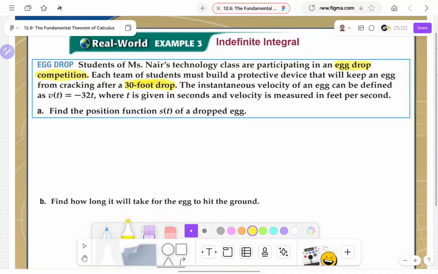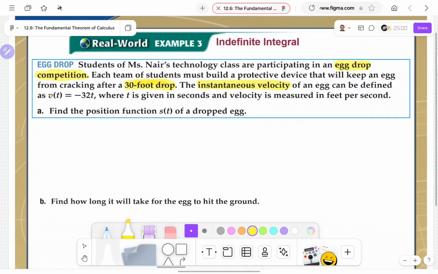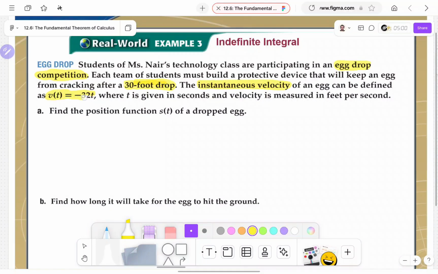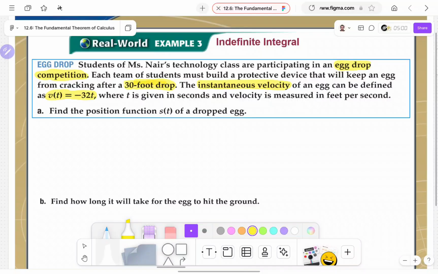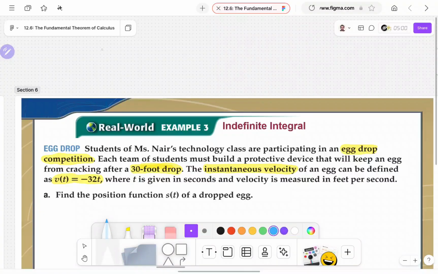Now, the instantaneous velocity, don't forget this word, the instantaneous velocity is very important, of an egg can be defined by this equation. Do you remember what's the meaning of instantaneous velocity? If you go back to lesson 12.4, the derivative, right? I told you the derivative asks what is the slope at any point. Do you remember? Slope at any point. If the question says the slope at any point, or the question asks you rate of change, right?